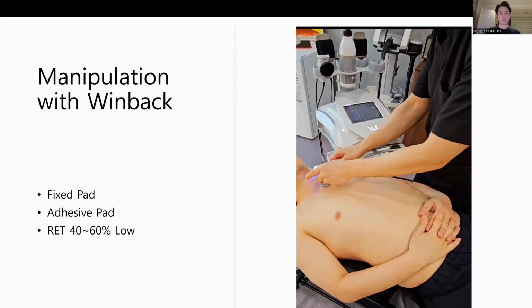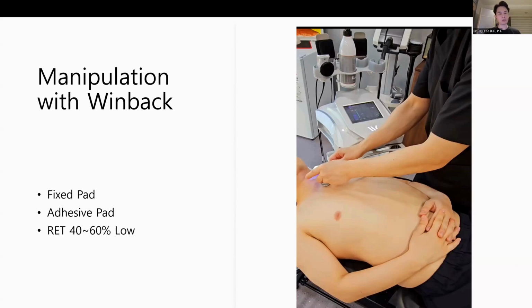But after using WINBACK, I can apply less force, and the patient is really comfortable with the manipulation. Also, the soreness after manipulation decreases. So WINBACK makes it easier for me and prevents soreness.